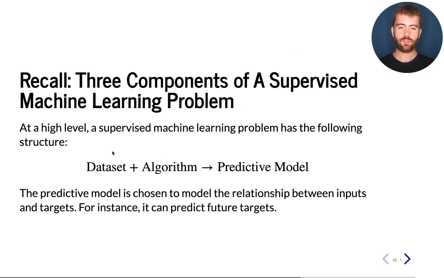In the previous video, we looked at what a data set is and how we can define it and make it more precise using mathematical notation. Let's now look at what an algorithm is, and let's define components of an algorithm more formally.